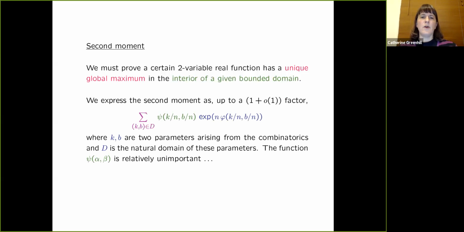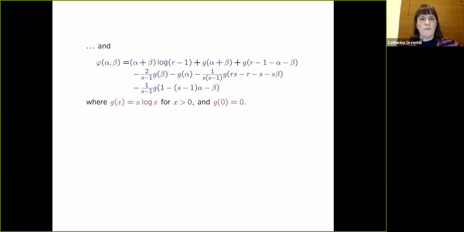So you get your second moment, you scale everything. It ends up being a little function out the front, which I've put in green, which doesn't really matter too much, times the exponential stuff, which you need to understand very well. And there's a natural domain for the parameters that arose in the problem. This is the function phi.